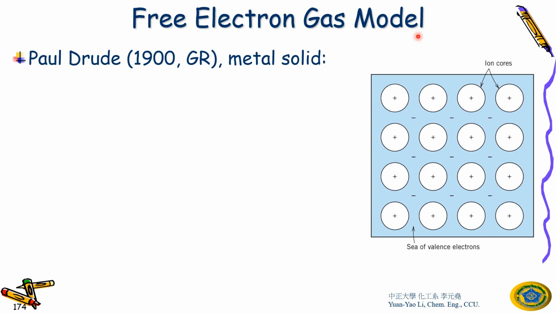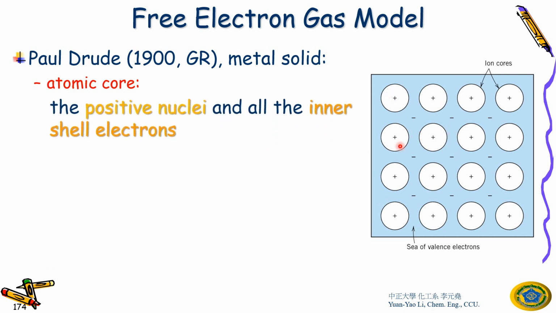So in the beginning of the 20th century, there was a German scientist who proposed that the metal solid has an atomic core, and the atomic core inside is positive nuclei and all the inner shell electrons.